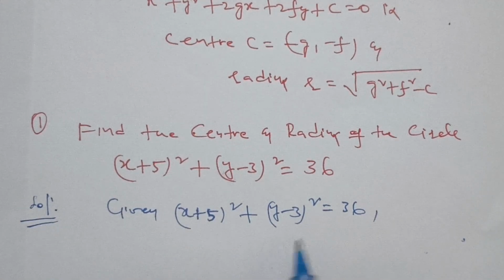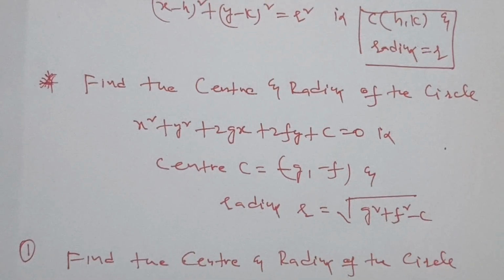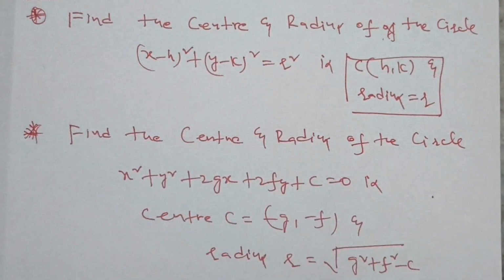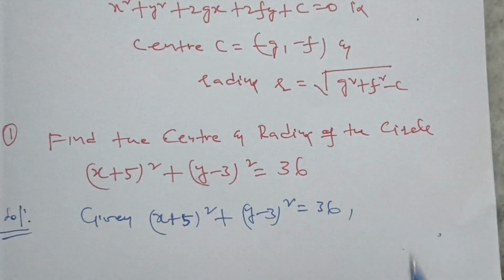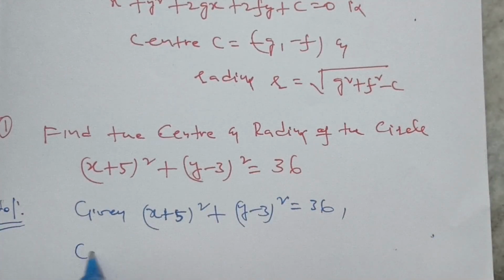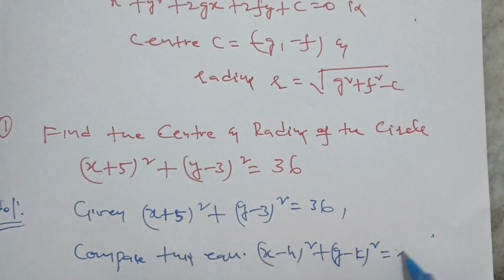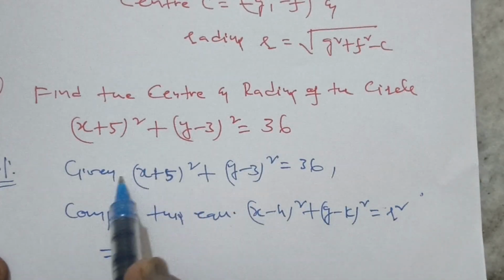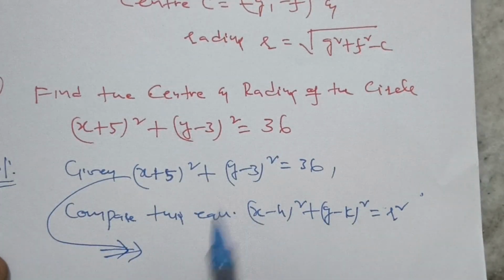Clearly, this equation is of the form of the first formula of the circle general form, which is x minus h whole square plus y minus k whole square is equal to r square. So compare the given circle equation with the general form.